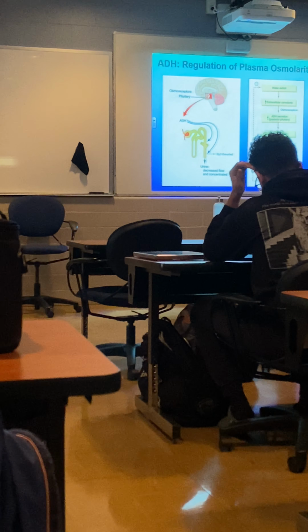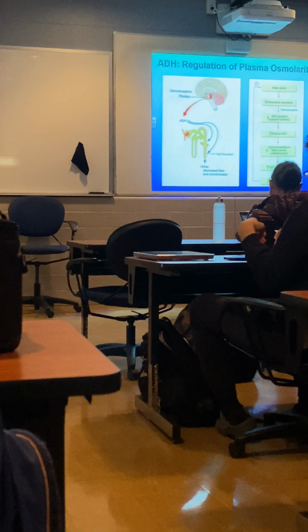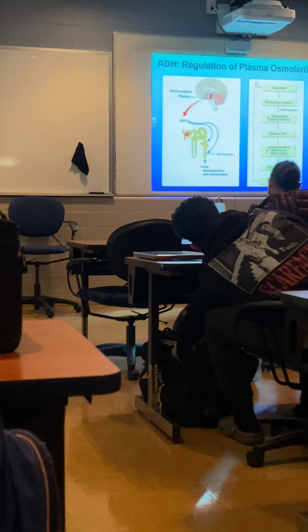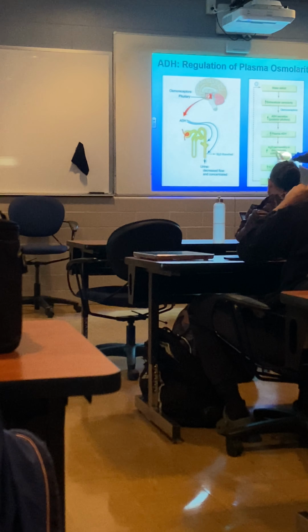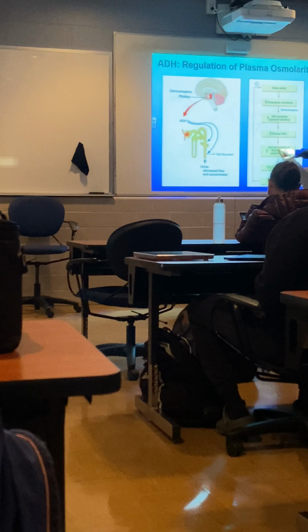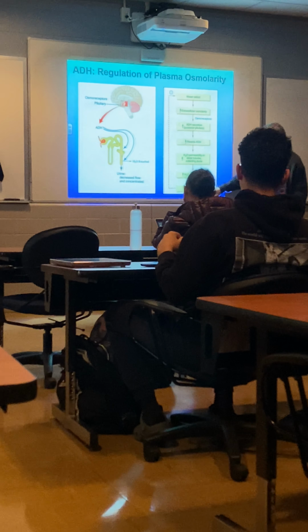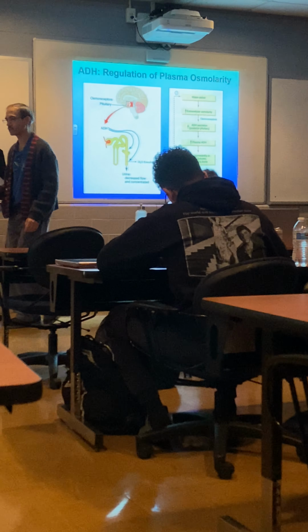So you have these axons running from that nucleus, terminating in the posterior pituitary gland, releasing ADH, which is picked up from the posterior pituitary gland by a rich vascular supply and distributed to the plasma. That's going to operate on those distal segments. Permeability to water is going to increase. It allows for fluid resorption, and you'll get a decrease in the amount of fluid that's lost in the urine.